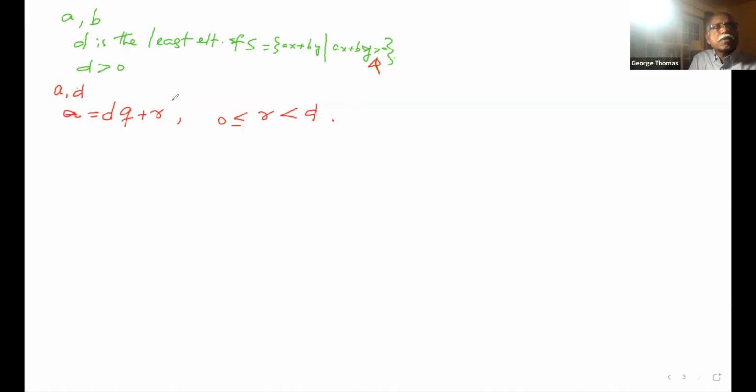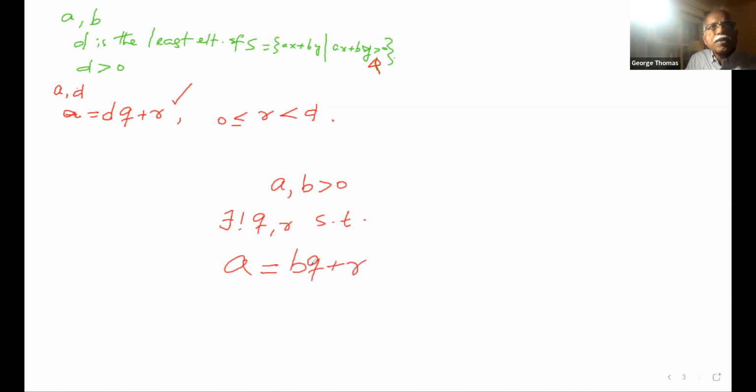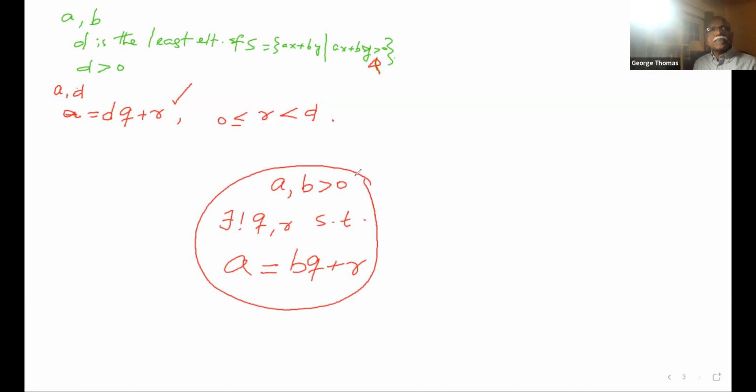Does there exist a Q and an R so that you can write A as BQ plus R? We told you yesterday, if you have an A with a B bigger than 0, there exists a unique Q and R so that A equals BQ plus R. We spent the whole class proving this yesterday.